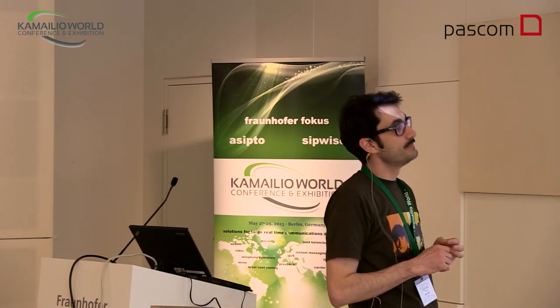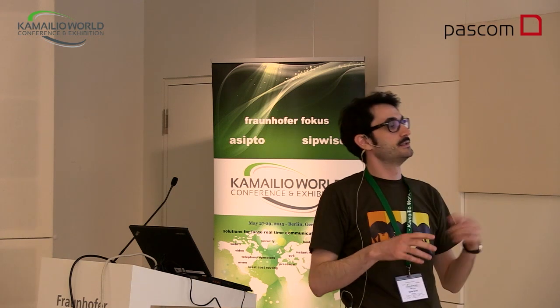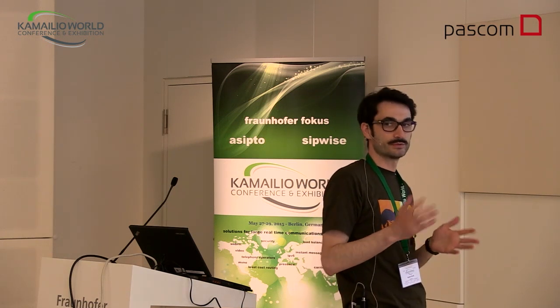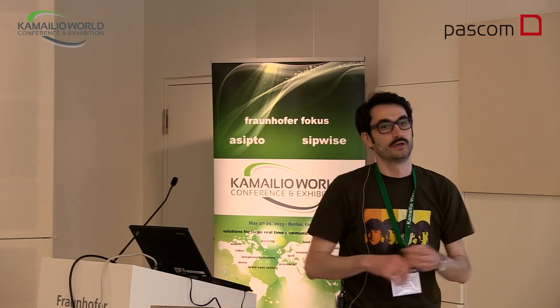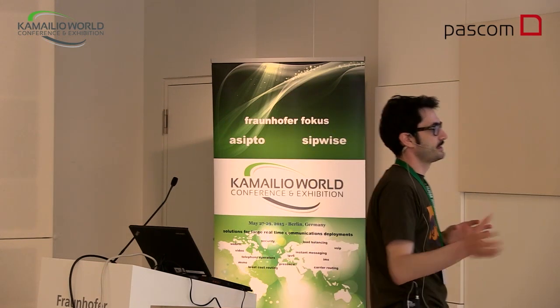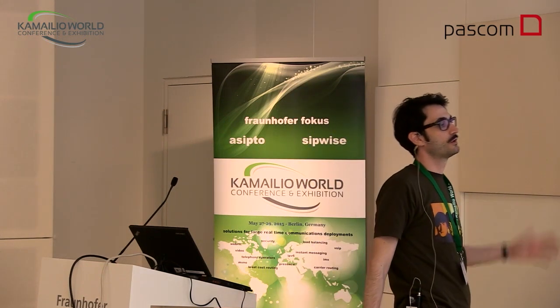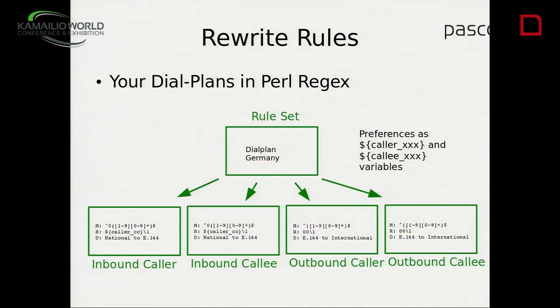Before relaying the call to the subscriber or to the peer, the system will apply the so-called outbound rewrite rules, again for caller and for callee, so you have the possibility to rewrite the caller and the callee again before leaving the platform. Basically, if you have a call from a local user, first the inbound rewrite rules of the domain assigned to that user will be applied.